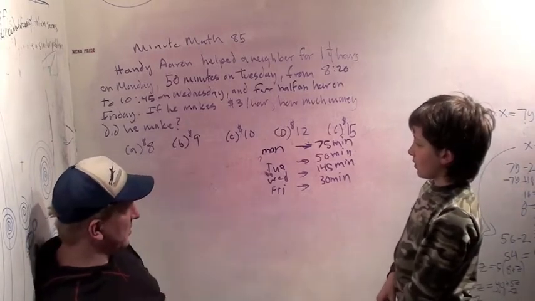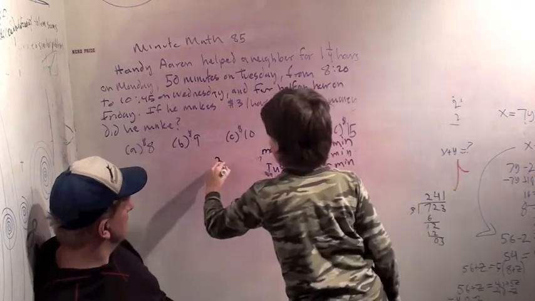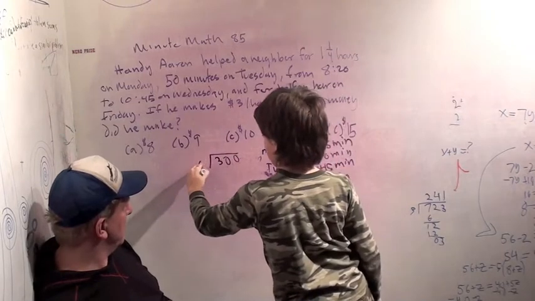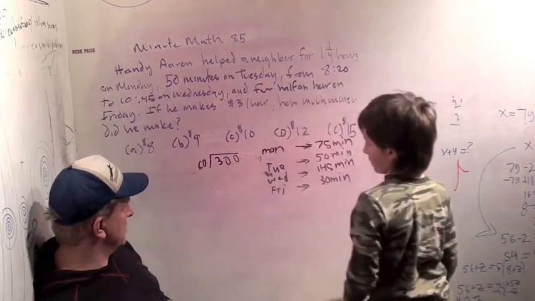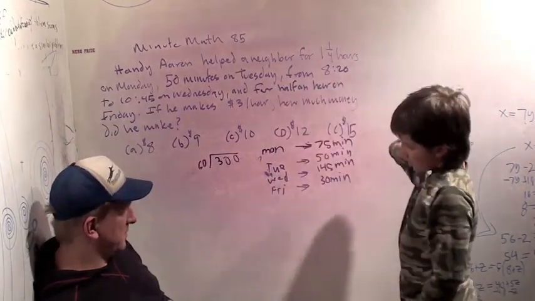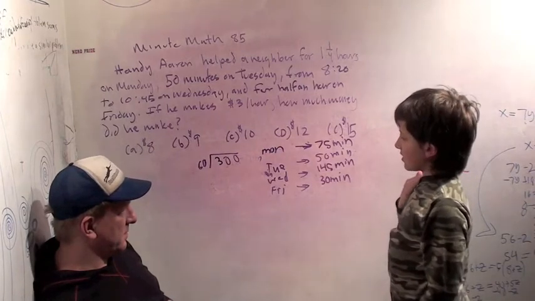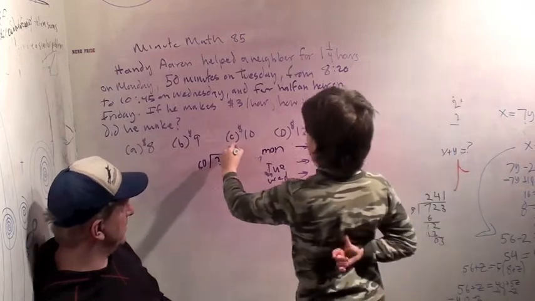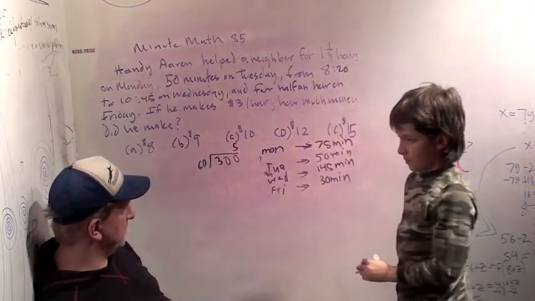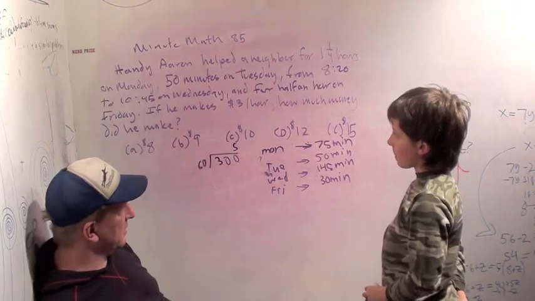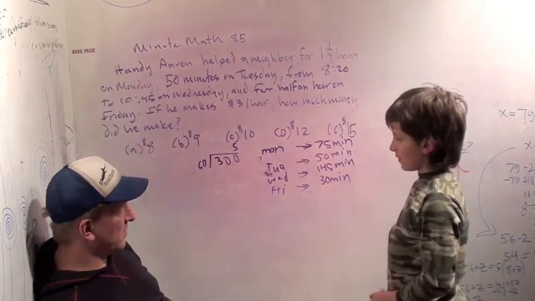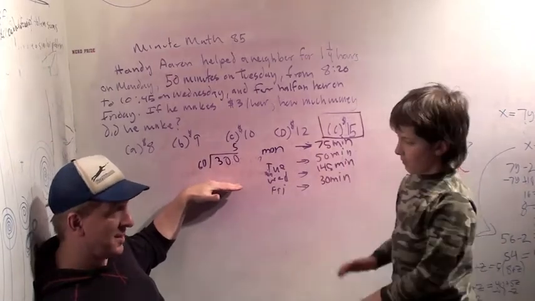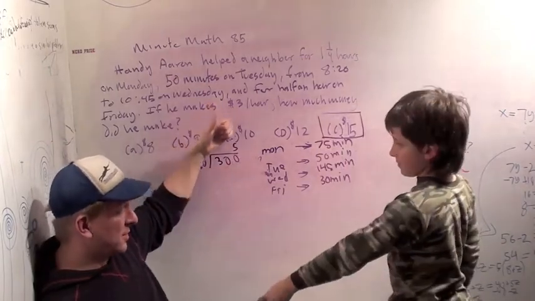What's 300 divided by 60? 60 times 5 is 300. So how much money did he make? $15. Now your weird way of doing it, when you thought 300 was 180 plus 20, actually that would have been a choice.